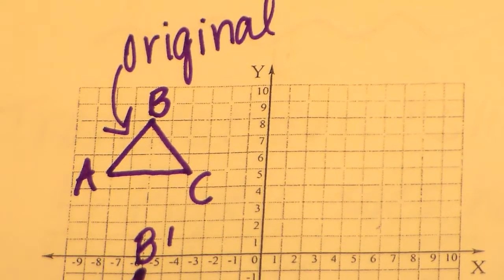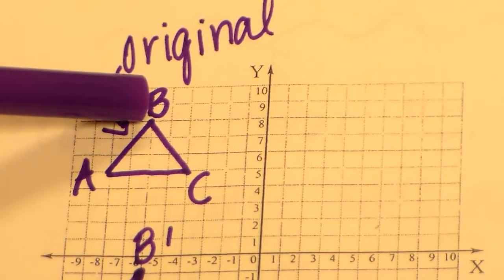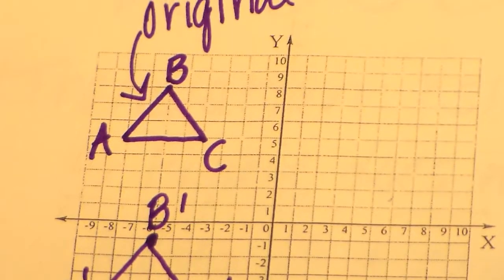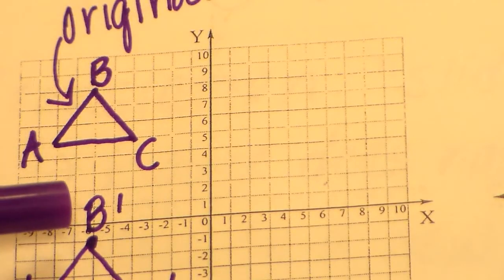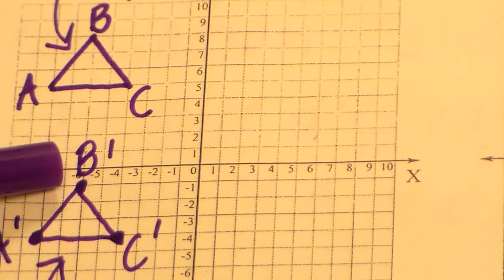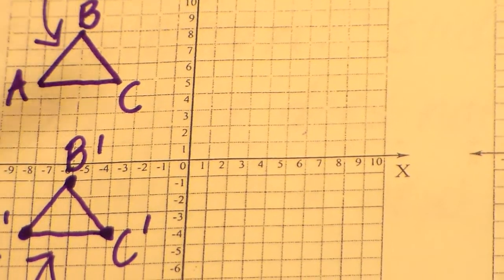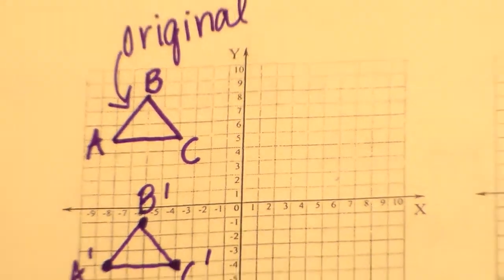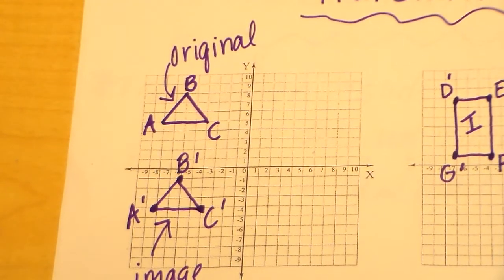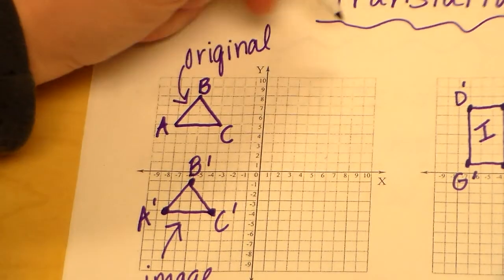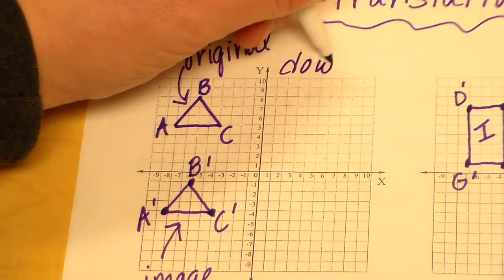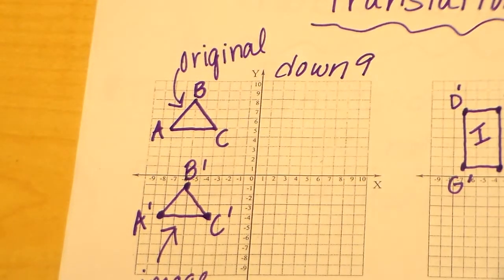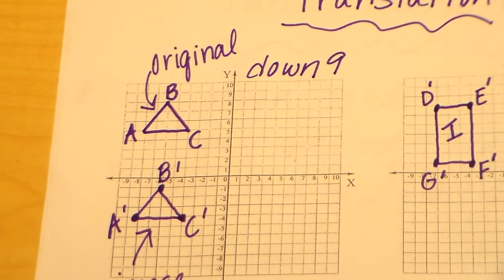For example, here we have point B, which is at 8 on the y-axis, and I slid it down to -1 on the y-axis. So it didn't move over at all, it just moved up and down. And for that, we may have said this figure moves down, well, from 8 to -1, that would be 9 jumps down. And that would be really all we said about it.